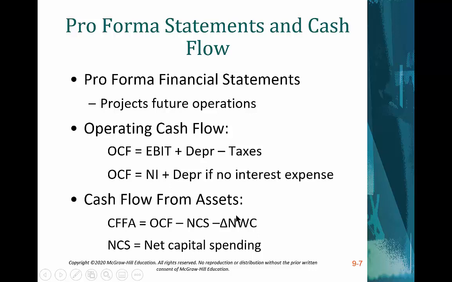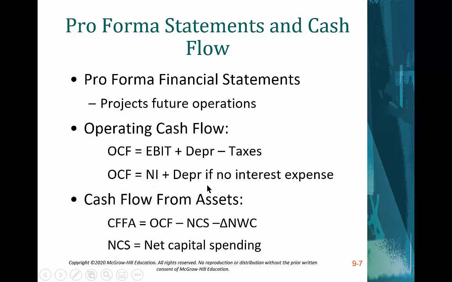In our next video, we're going to talk about how to calculate pro forma financial statements, and using the relevant cash flow concept, we are going to figure out operating cash flow, which is earnings before interest and taxes, plus depreciation minus taxes.